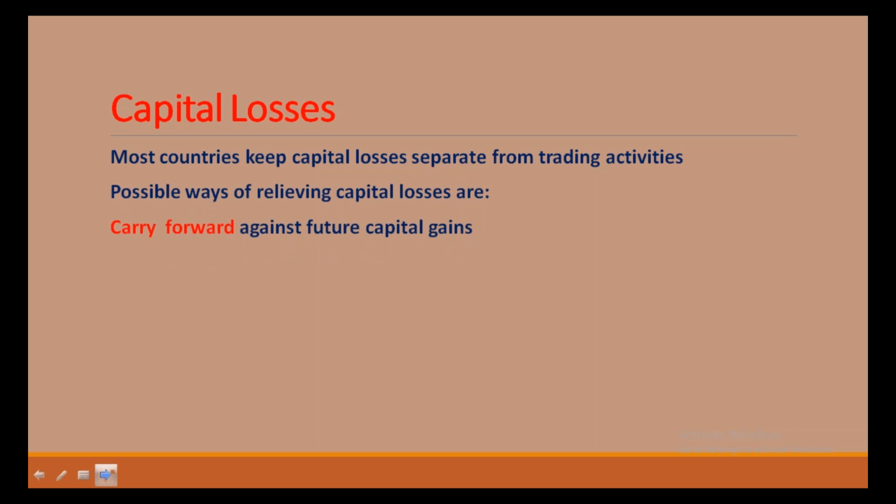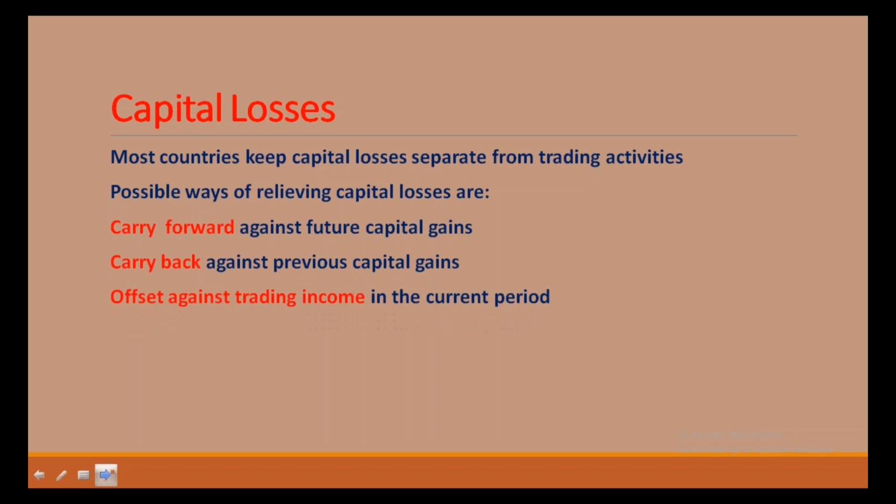Just the same as last time with accounting profit, if you have a loss this year, say a capital loss of 15,000, we can claim it against the capital profit of the next year, carry forward. Similarly, we can carry back. This year's capital losses, you can go back and claim against the previous year's capital profit, carry back.